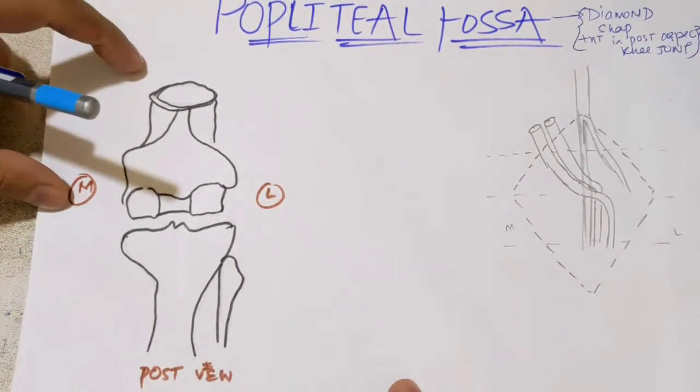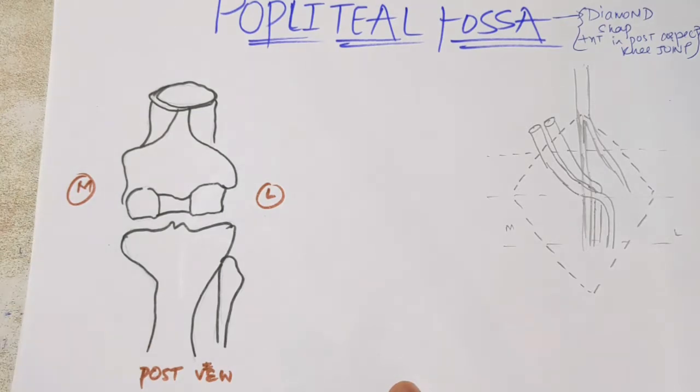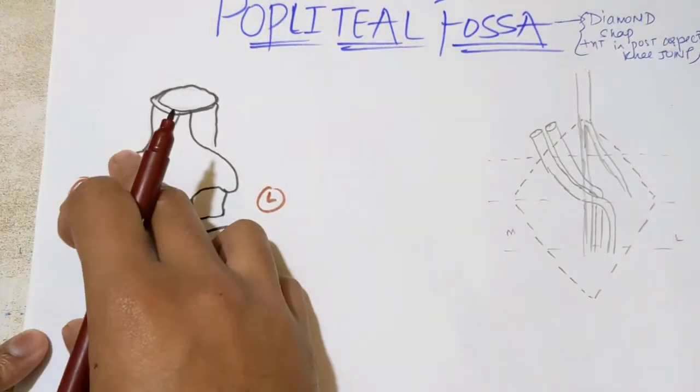On the medial side, you know that there are two muscles, semimembranosus and semitendinosus, which form the superior medial boundary.